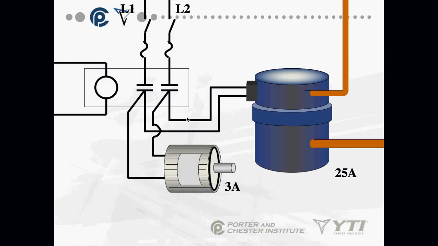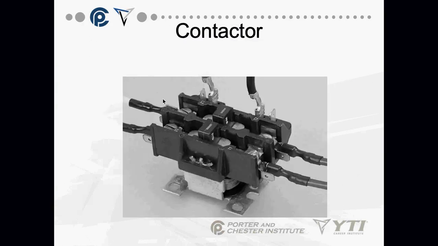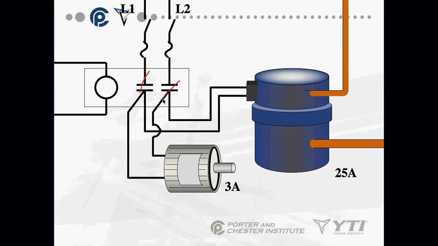And what happens when the thing closes, we provide power to the devices. So again, when the coil is energized, my normally open contacts are going to close. They're going to close at the same time. This is very important when we're dealing with larger systems, especially three-phase.